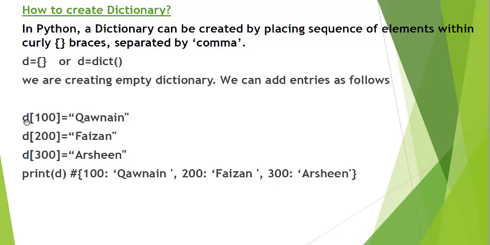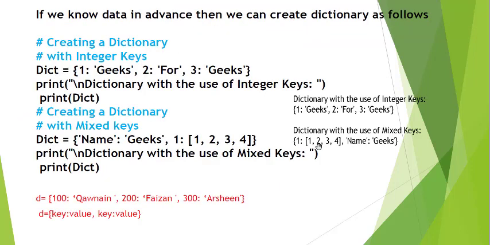Then you can add things into it. You say d of 100, where 100 is the key and the value is Conan, 200 is the key and the value is Phaseon, and if you print d, the output will be 100 Conan, 200 Phaseon, and 300 Arsheen.